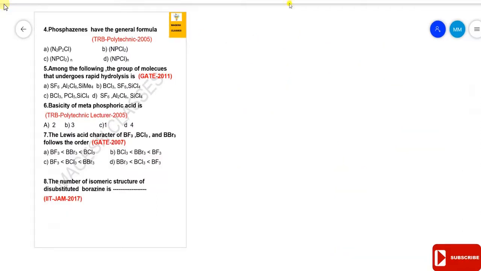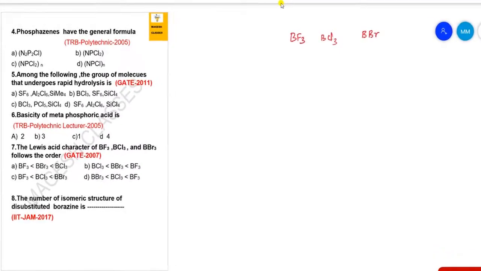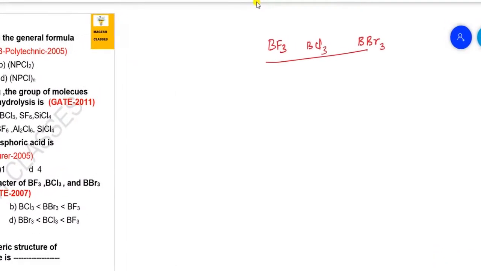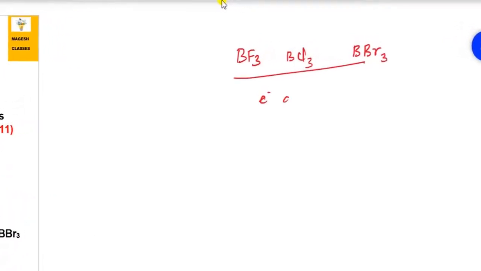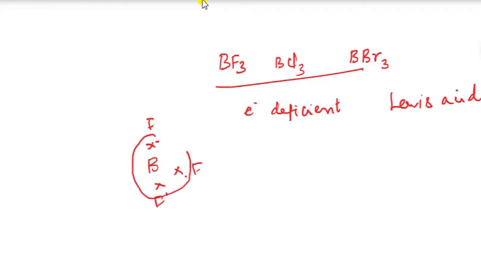7th question. The Lewis acid character of boron trifluoride, boron trichloride, and boron tribromide. All these species are electron deficient, first of all, so they behave as Lewis acids. Now the comparison. In boron trifluoride, it is formed by 3 electrons from boron and 1 electron from each fluorine, and totally 6 electrons around boron.